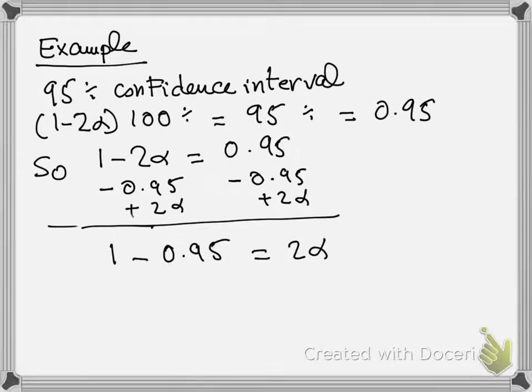Now what would alpha be in this case? 1 minus 95% is equal to 2 alpha, which means that 0.05 is equal to 2 alpha. You divide by 2, so alpha here would be 0.025.